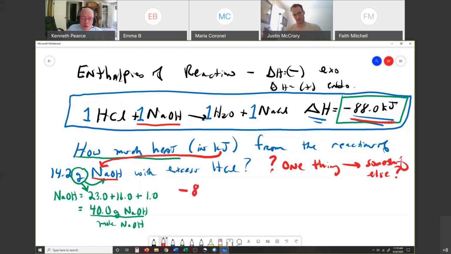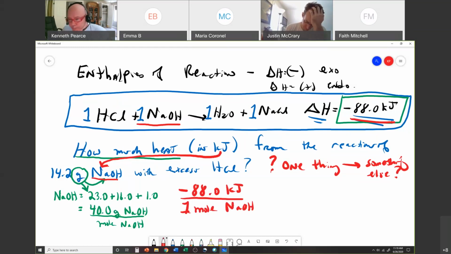minus 88.0 kilojoules for every 1 mole sodium hydroxide.